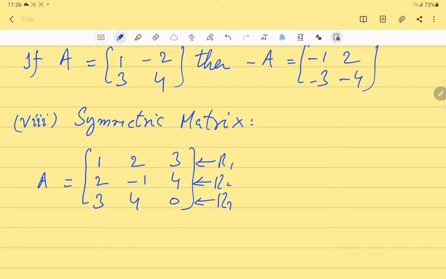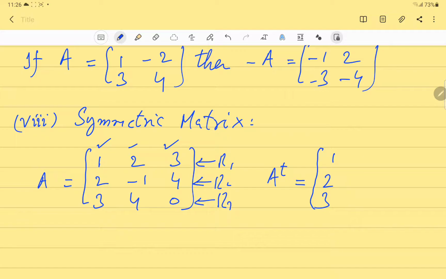Now we are going to write a transpose of A, where we have to write the entries of rows in place of columns. So the entries of row 1 we will write in the place of a column. It will come like 1, then 2, and then 3. So this row we have put into the first column.